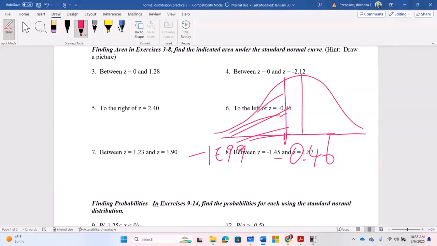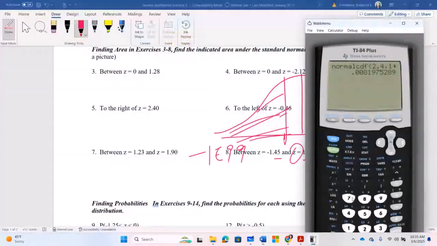You can use a calculator to calculate this or read the chart. But I want to use the calculator, and I'll read the chart later. So let's calculate the area to the left. The other one we calculated area to the right.